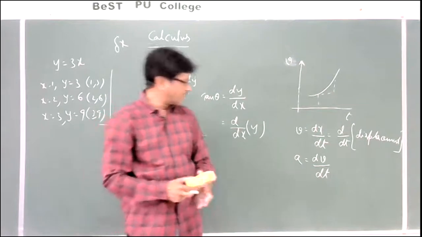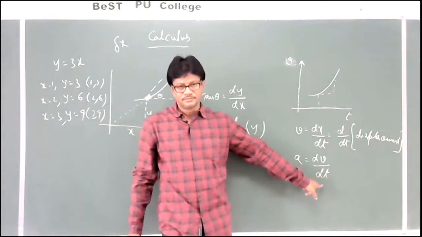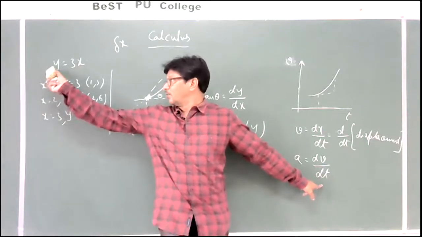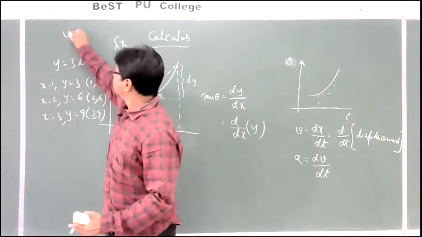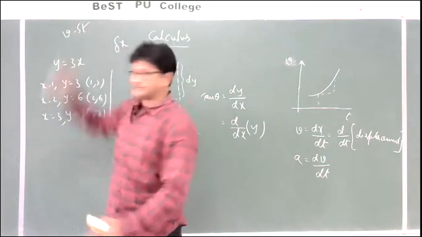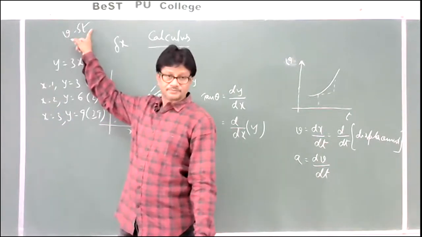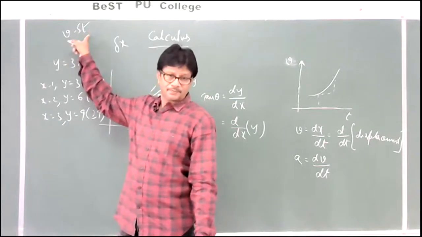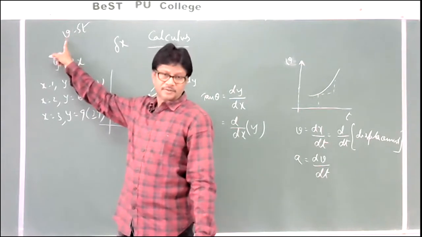So if the velocity is a function of time, look, y is 3x; here velocity is 5t. It is a function of time, that is, velocity depends on time. So velocity is a dependent variable here.